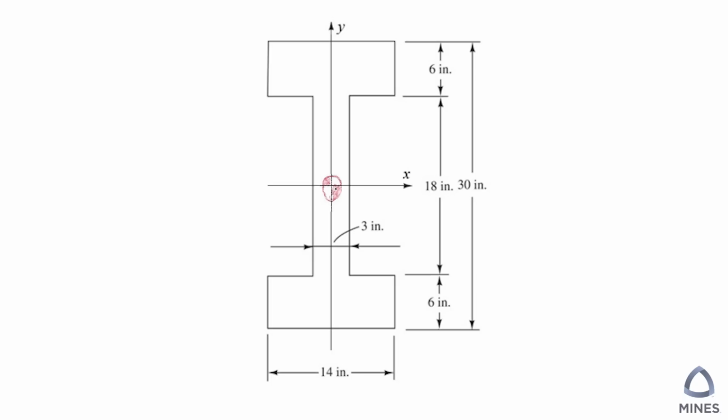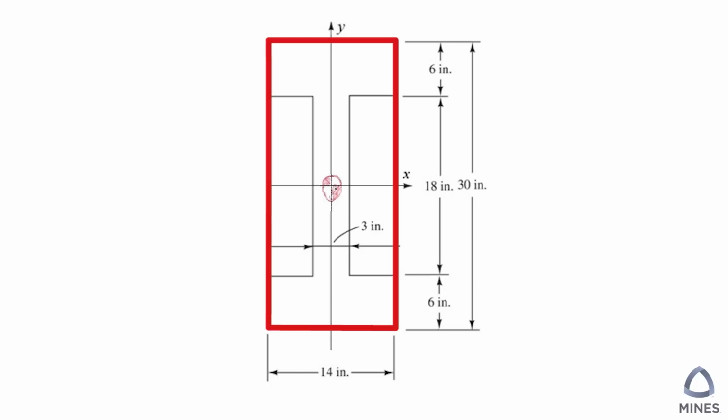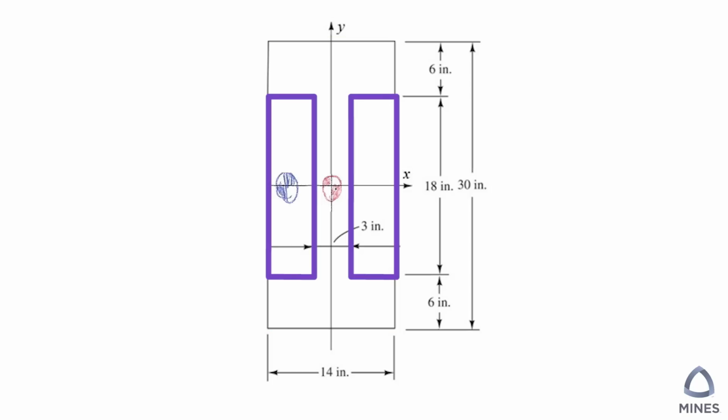So now let's move to the minus method. For the minus method, remember we are going to have a big area, and then we are going to take these 2 areas off. So this is the centroid for each area.